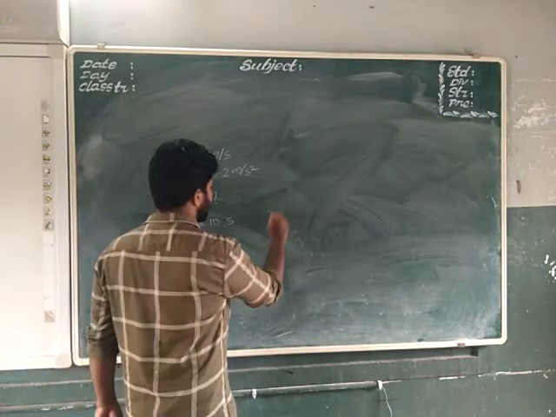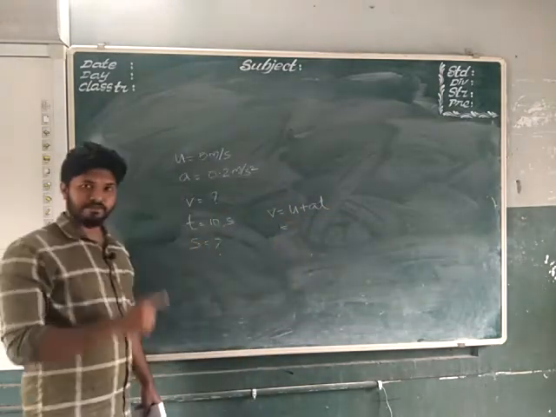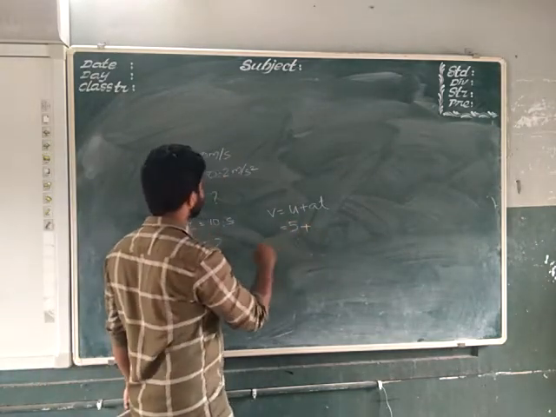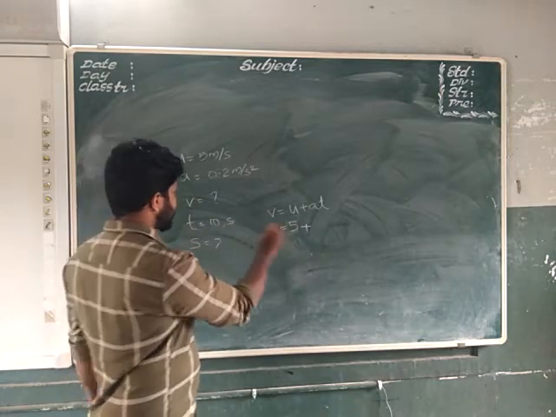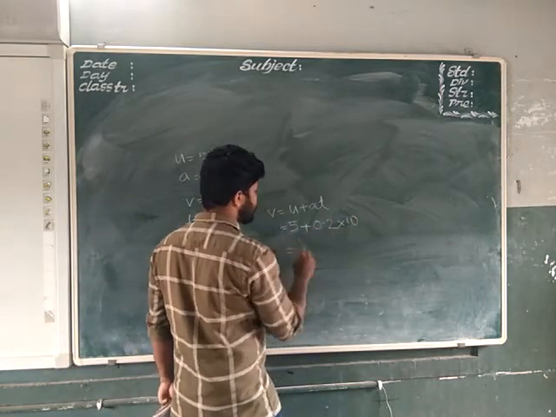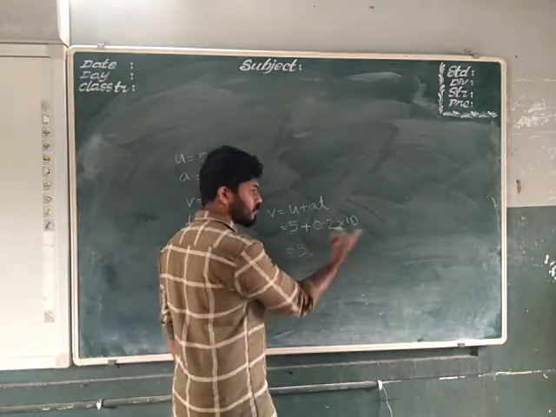Now V is equal to U plus AT is the equation for solving final velocity. U is equal to 5 plus AT, 0.2 into 10. 0.2 into 10 means 2 into 10 equal to 20.